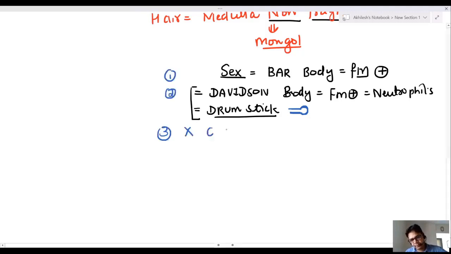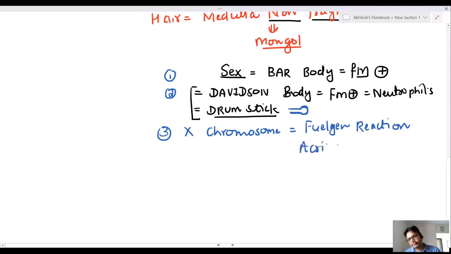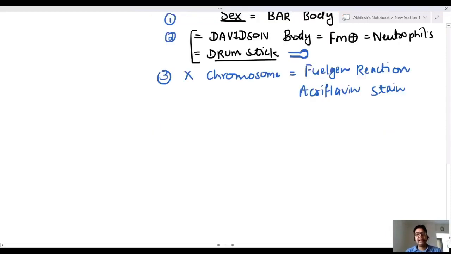Third, for the X chromosome, we use a reaction known as the fusion reaction. For the fusion reaction, we use acriflavine stain.